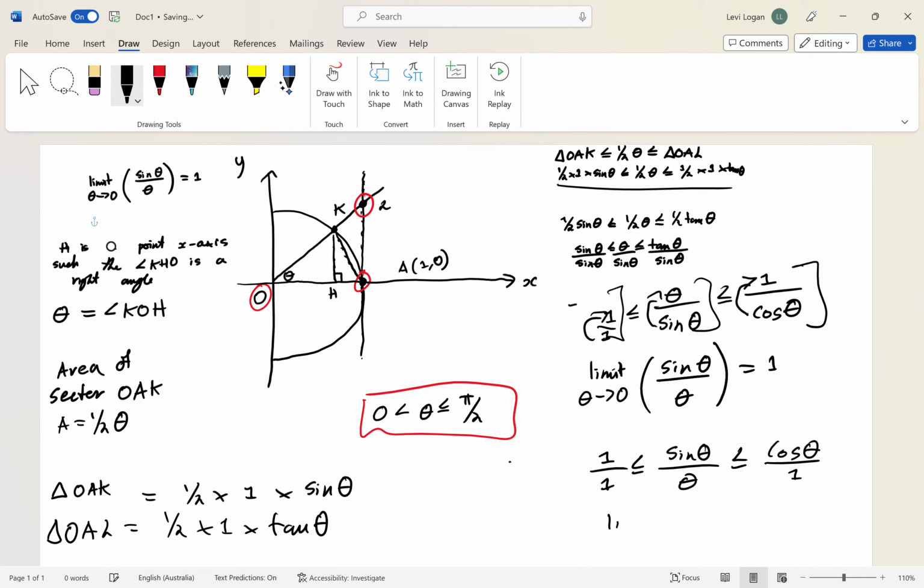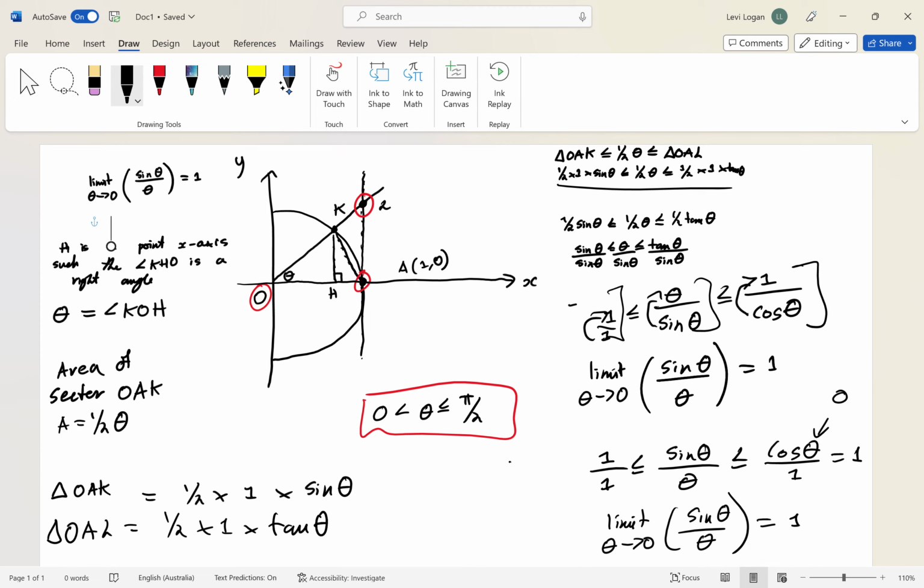So if you approach the limit as theta goes to 0 of sine theta over theta, that is equal to 1, because when this goes to 0, cos theta is equal to 1. And that's pretty much the proof for this limit.